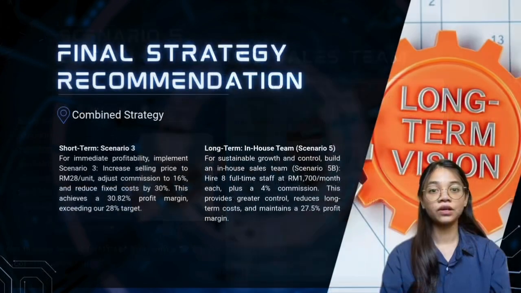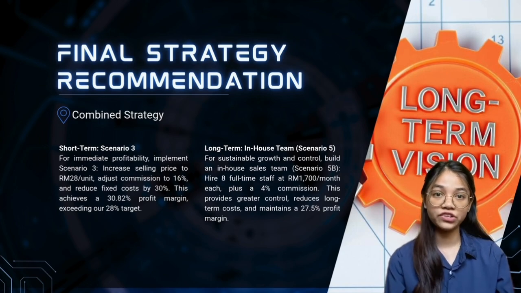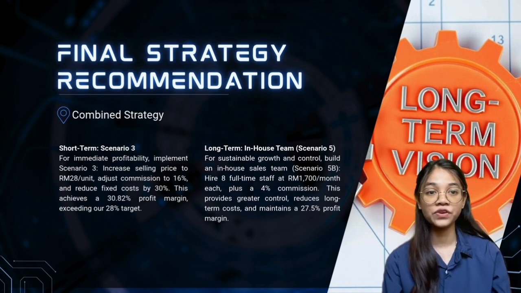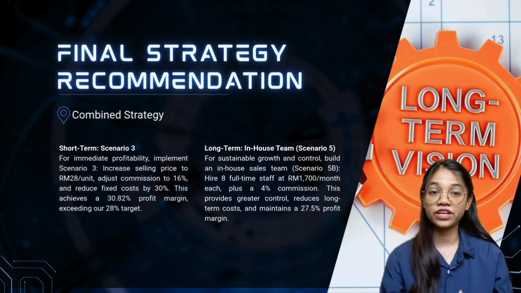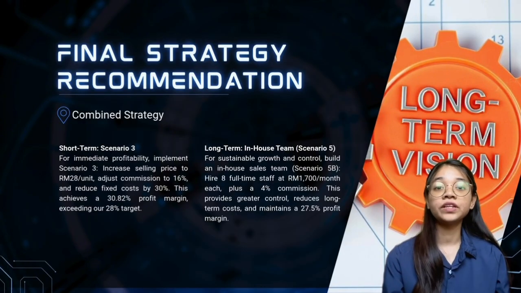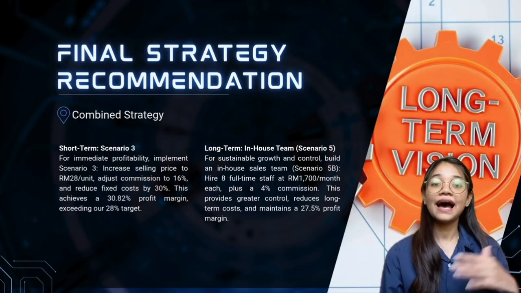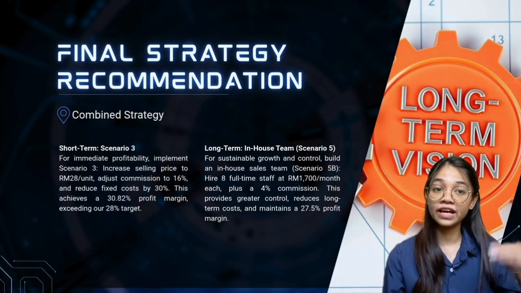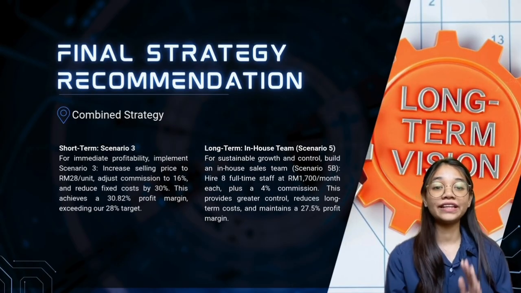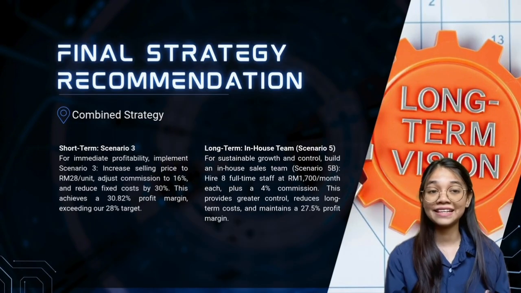For the final strategy recommendation, after evaluating all the scenarios, we suggest a combined strategy. In the short term, the company should use scenario 3, which focuses on a price increase. Higher commission and cost reduction will give a 30.8% profit margin, exceeding the goal.